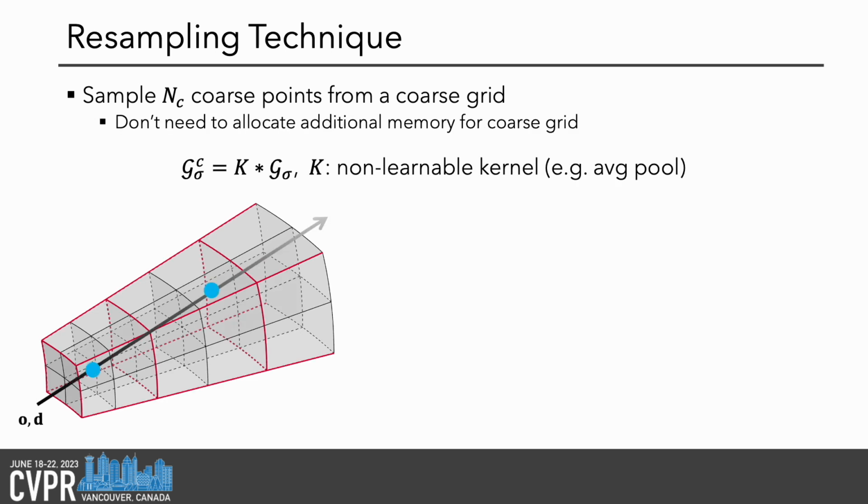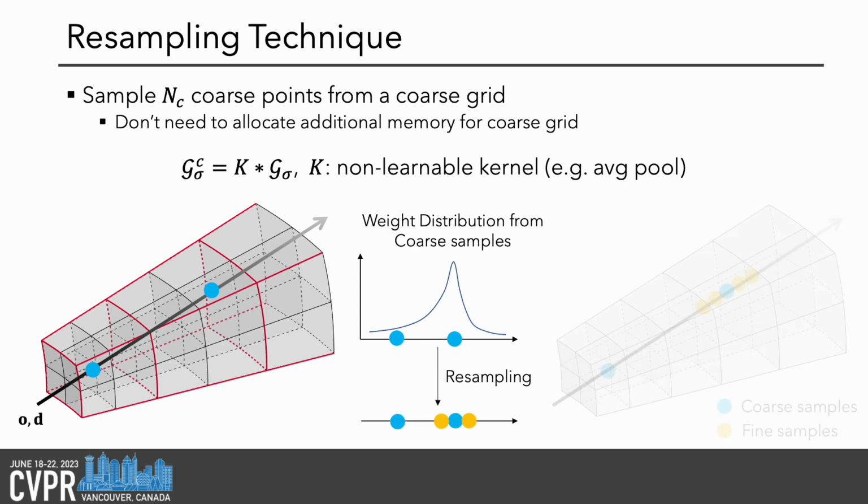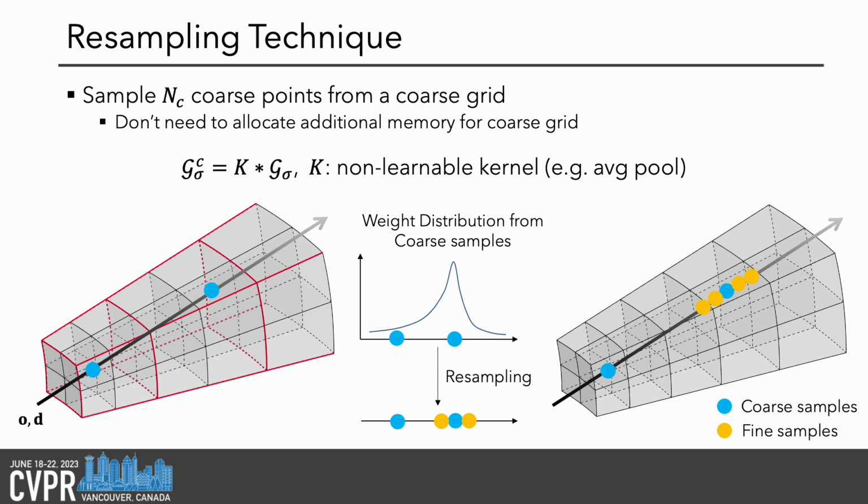While other grid-based methods maintain a dedicated data structure for coarse grid, we exploit our density feature grid without allocating additional memory for the coarse grid. The coarse grid can be obtained on the fly during the training by applying average pooling on the density grid. First, we sample coarse samples from the coarse grid, and then we additionally sample fine samples from the original fine density grid with importance sampling.